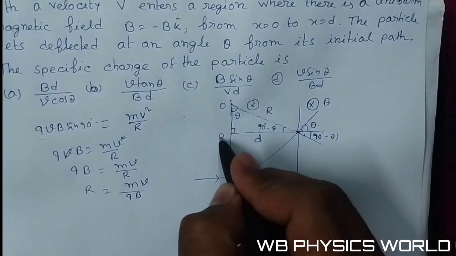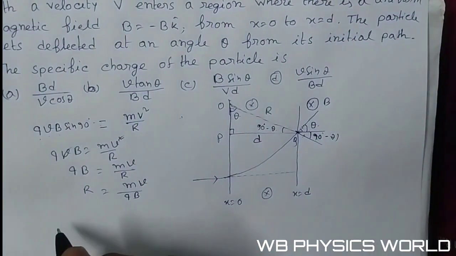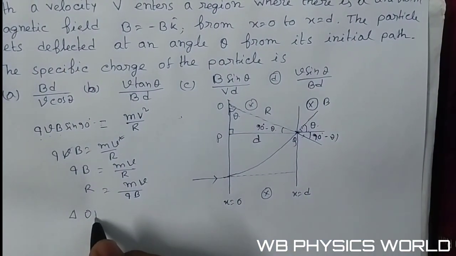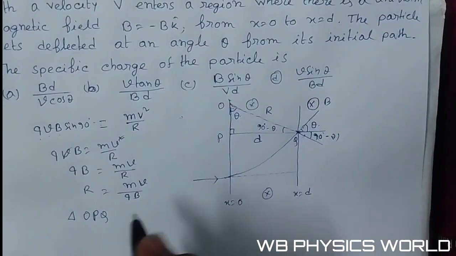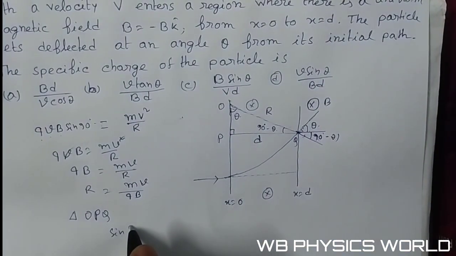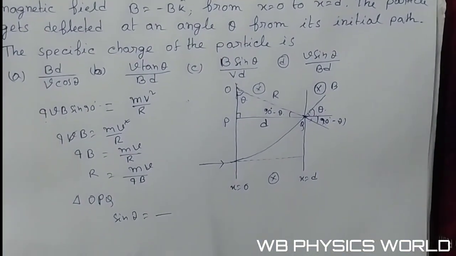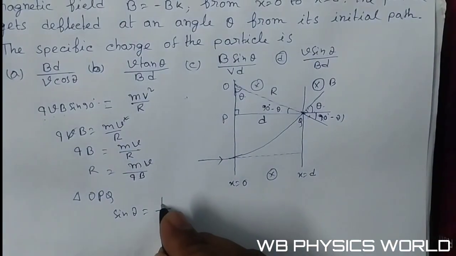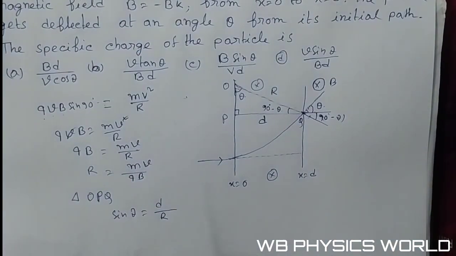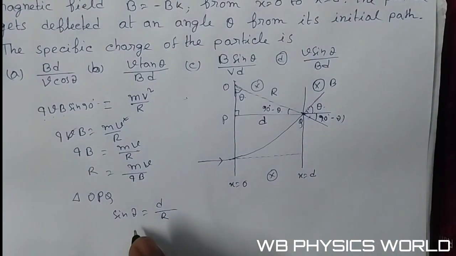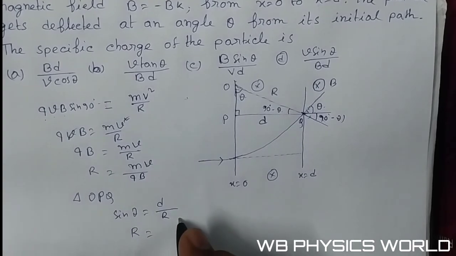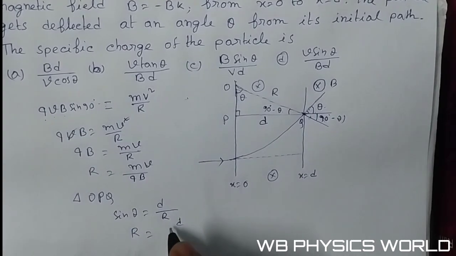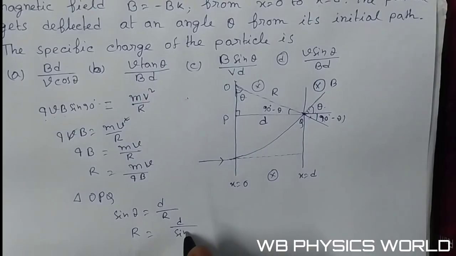Now from triangle OPQ, sin theta is equal to d by r. So r equal to d by sin theta.